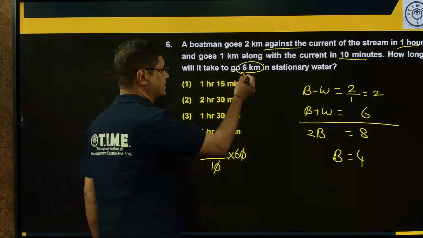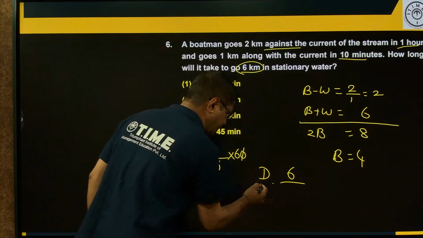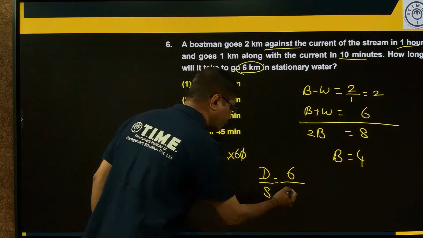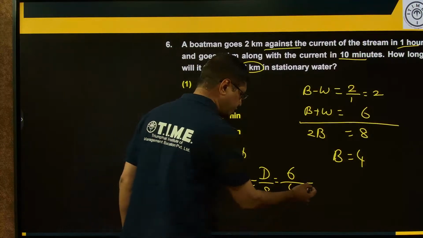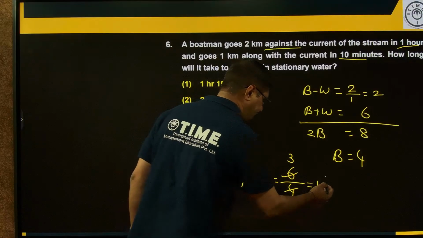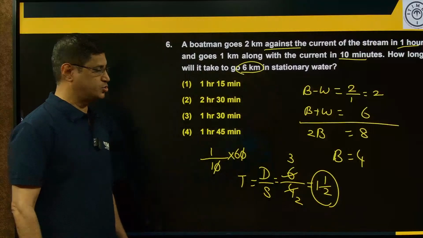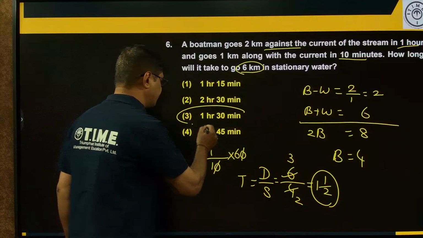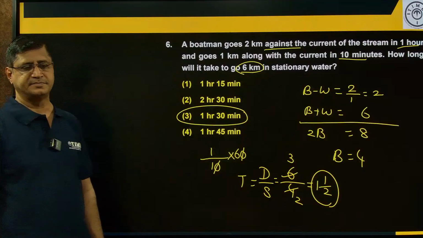Now he has to travel 6 km. The distance is 6 and the speed is equal to 4. Now find out the time. So what is the cancellation? Now here it is 3 by 2. 3 by 2 means 1.5. What do you mean by 1.5? 1 hour 30 minutes. Answer choice 3. Third option is the correct answer.